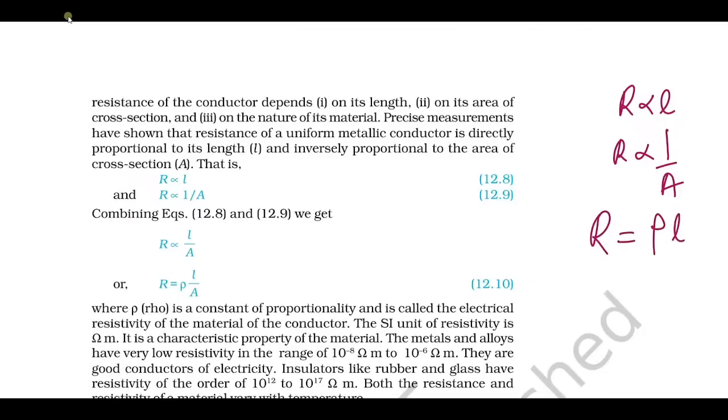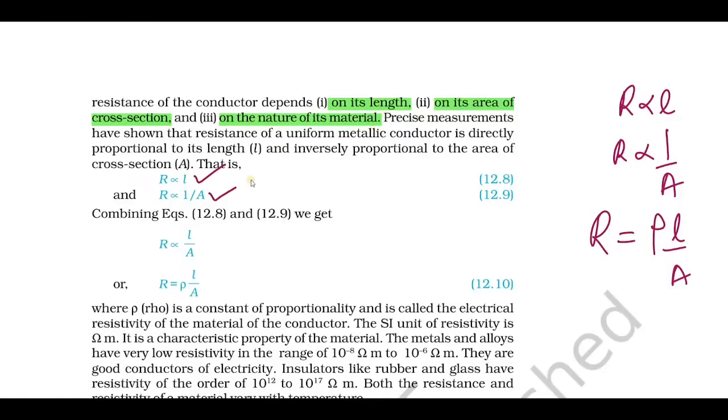R equals rho L by A. The resistance of a conductor depends on the length of the conductor, area of cross section, and the nature of the material, and also it depends on the temperature of the conductor.